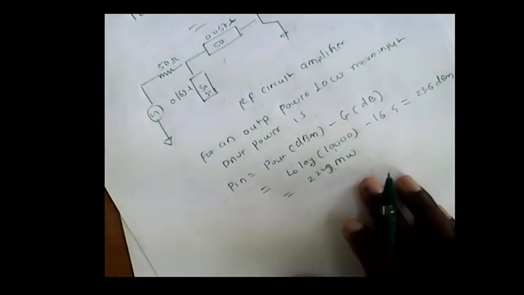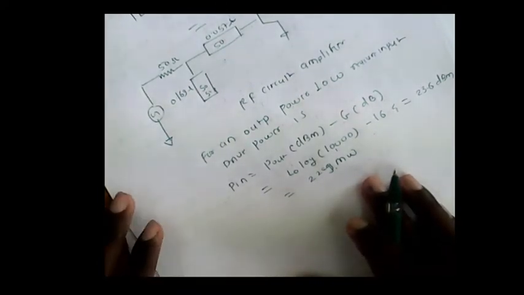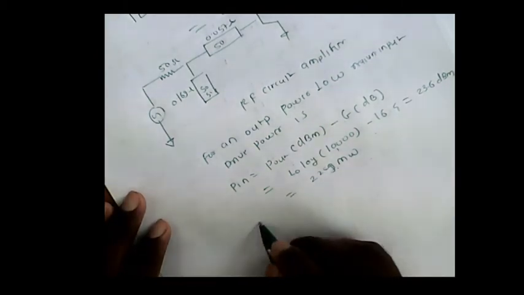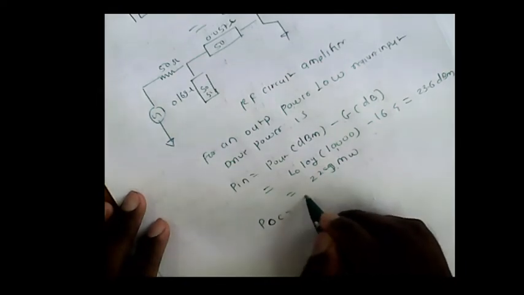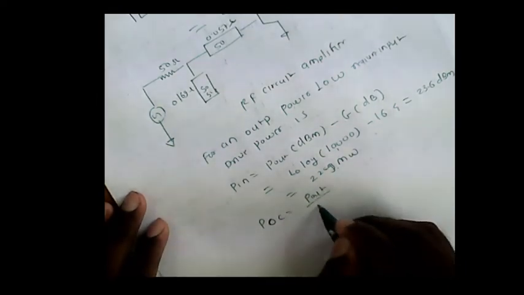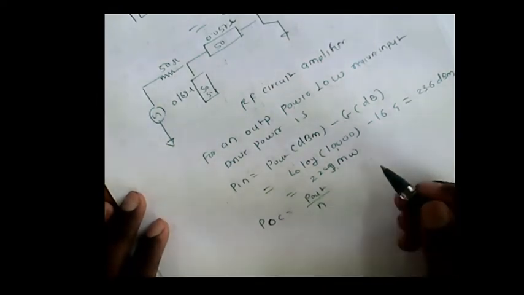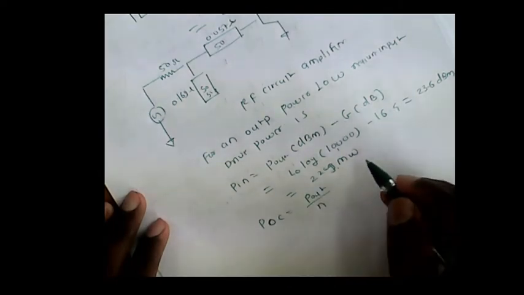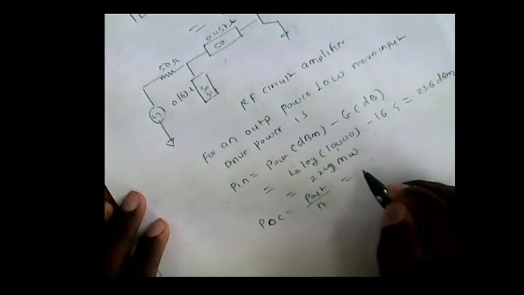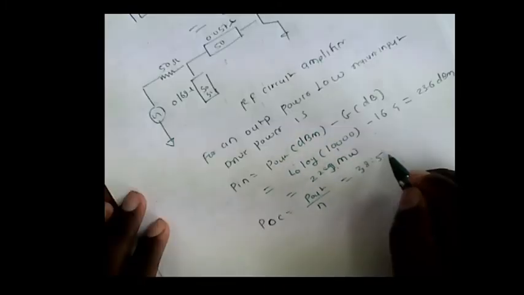Then the DC input power can be found from the drain efficiency: P DC is equal to P out divided by efficiency, which comes out to 38.5 watt.